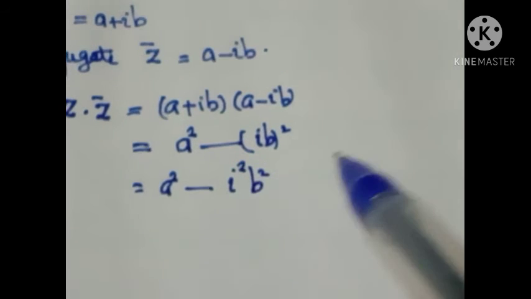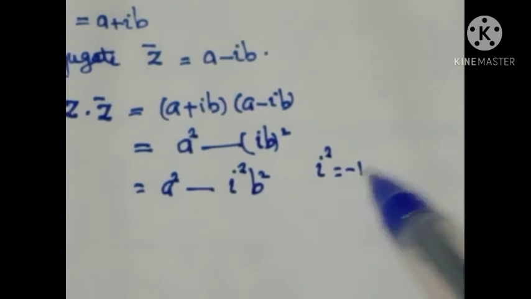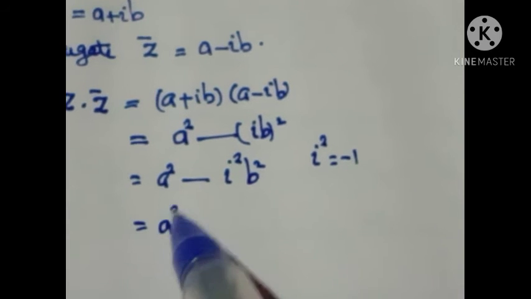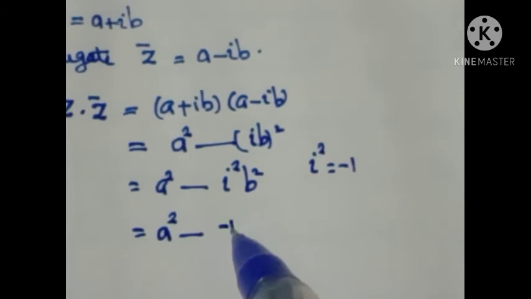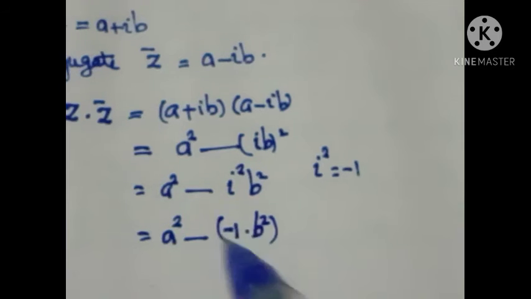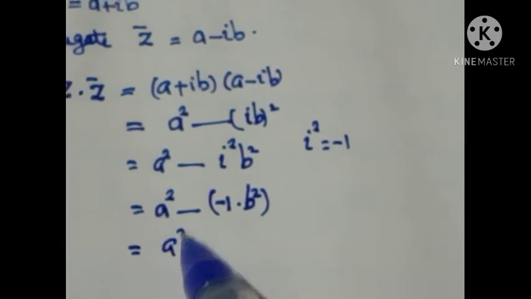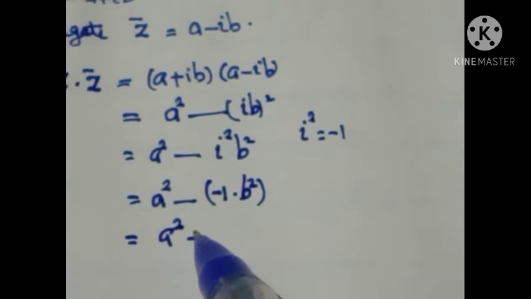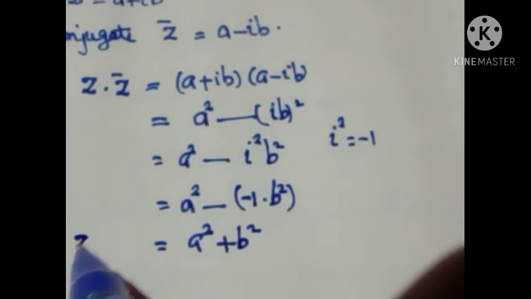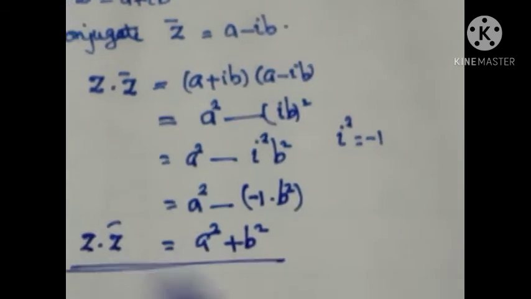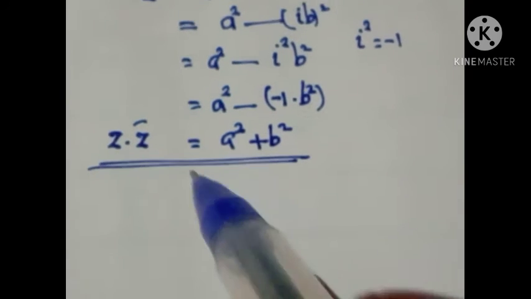Now what is the value of i square? i square is minus 1. So this becomes a square minus (minus 1) into b square, that is a square, minus into minus becomes plus. So z into z bar gives a square plus b square.